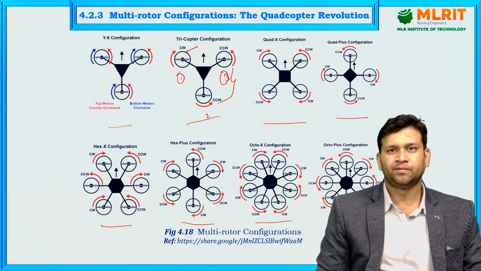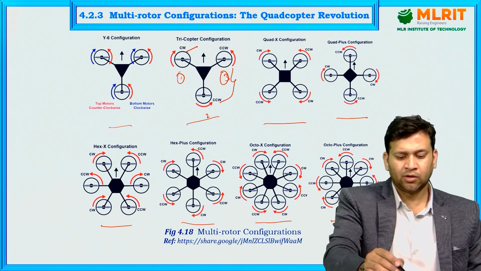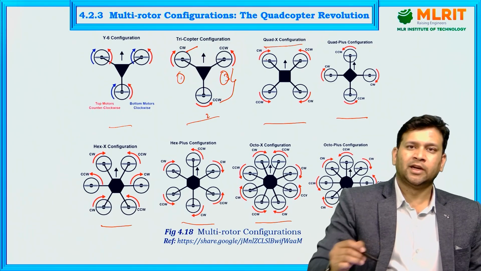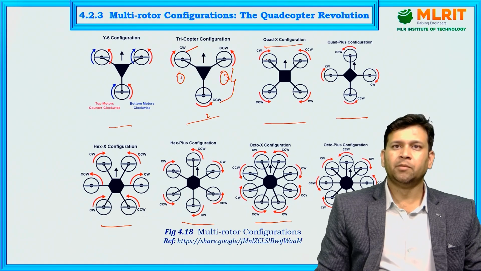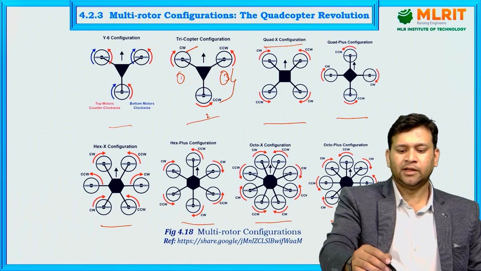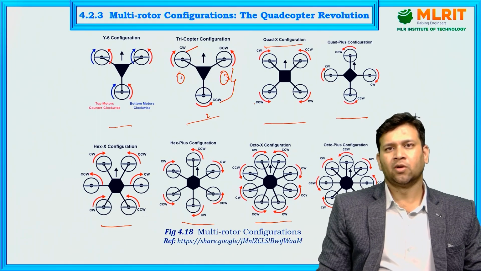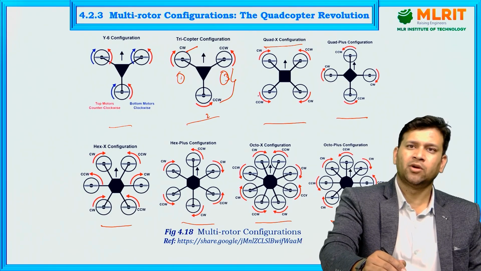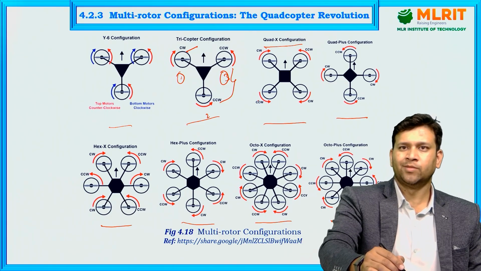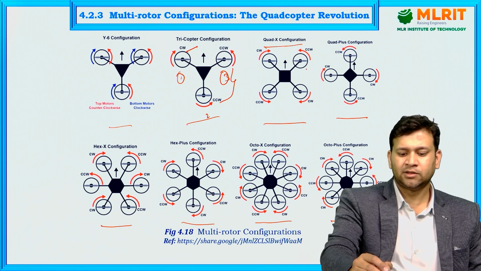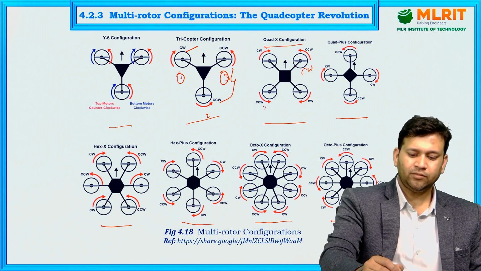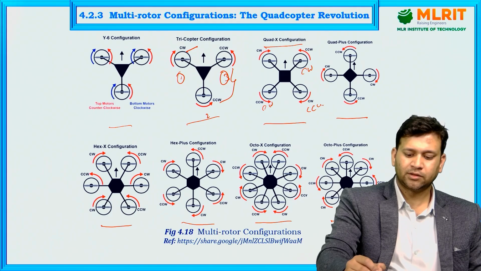So whatever torque is produced because of rotor 1 will be balanced with the rotors 2 and 3. Similarly, for quad configuration, the opposite sides, the diagonals, will be moving in clockwise direction and these diagonals will be moving in counterclockwise direction. If this is clockwise, this diagonal will be counterclockwise so that it is balanced. Else, if this is clockwise, this has to be counterclockwise.